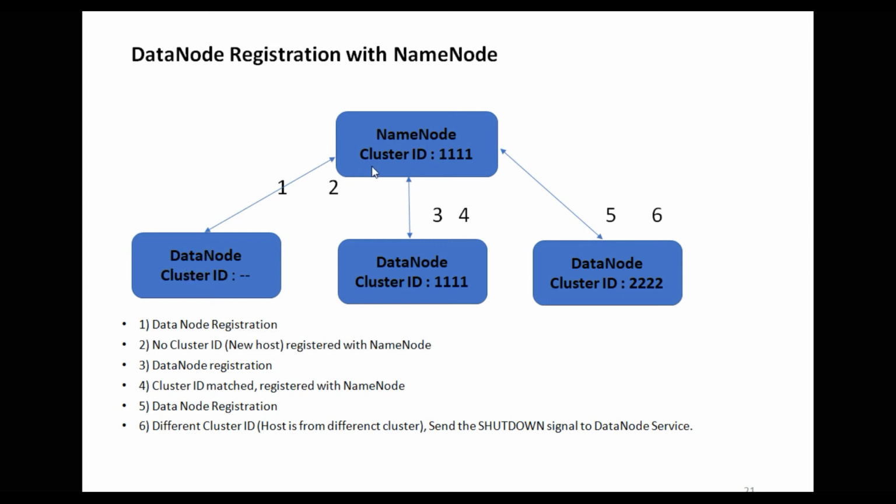After connecting to the name node and registering the cluster ID into the new data node, it will be registered. If you have one more data node whose cluster ID is different and you try to join it with this name node, it will not join. It will shut down.